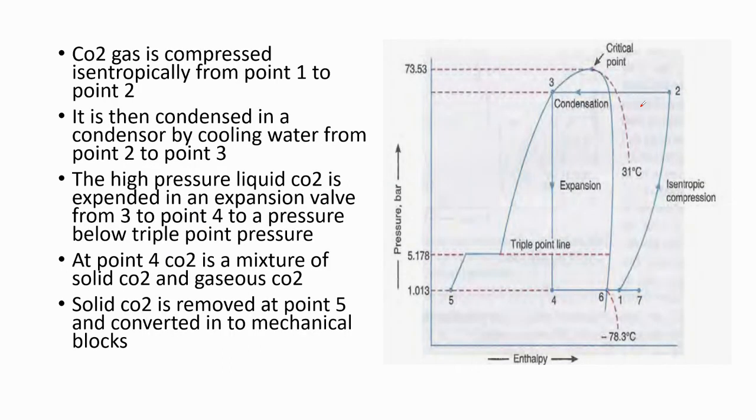This is a pH chart of the steps performed in the manufacture of dry ice. Point 1 is the point at which CO2 gas starts, and point 2 is the point at which the CO2 gas is compressed up to a pressure of 60 bar. Then this CO2 gas is passed through a condenser, and at point 3 we get liquid CO2.